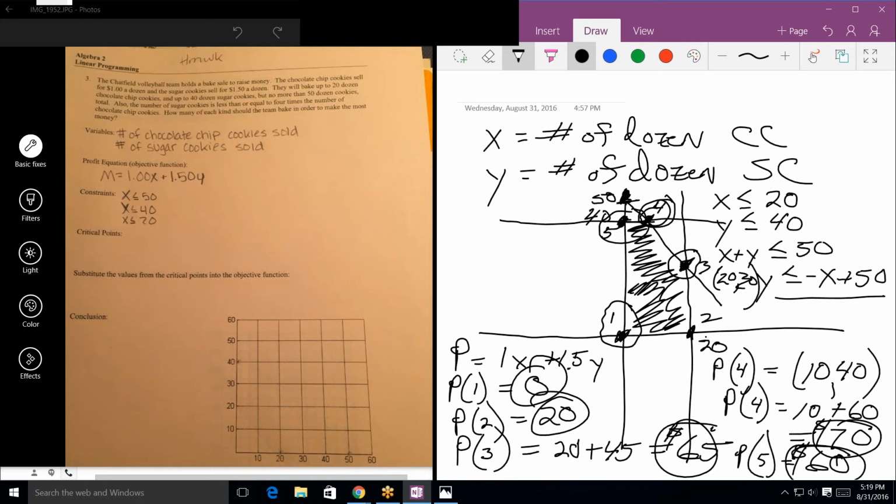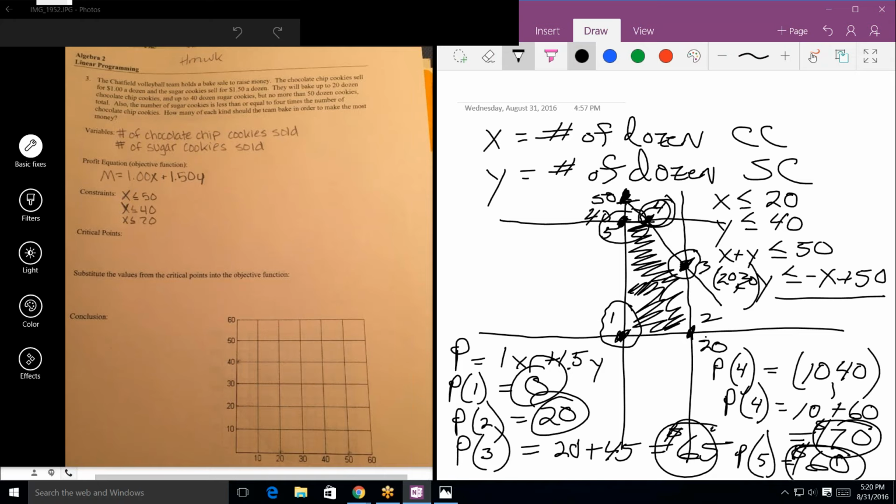Let's make sure you change some of your stuff here. Yeah, I changed it. Critical points, don't call them 1, 2, 3, 4, and 5. I did that just so I could explain it.